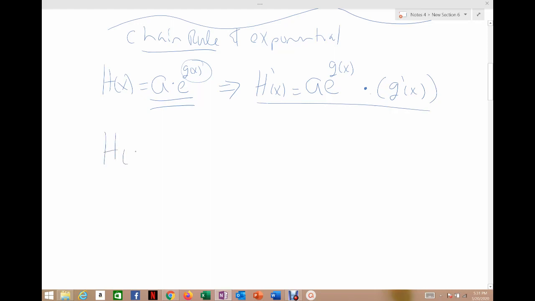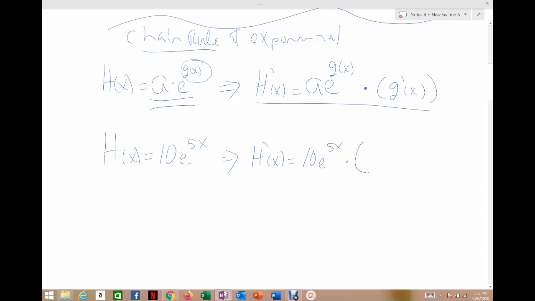So a simple example, suppose I have 10e to the 5x, right? So 10 is the number out front, the exponential part is e raised to the 5x, and again, because there's a 5 in there, it's not just x anymore, that requires my chain rule. And so the chain rule is, I write down the original, 10e to the 5x, but I'm not done yet.